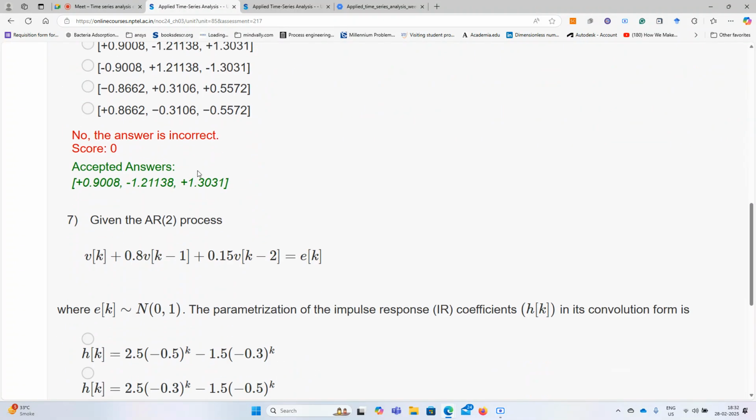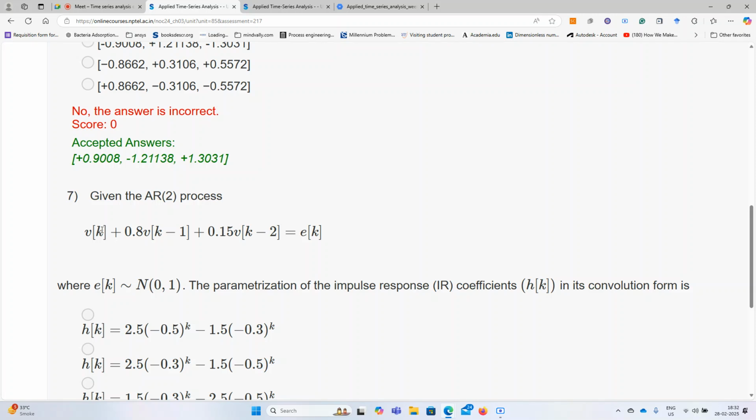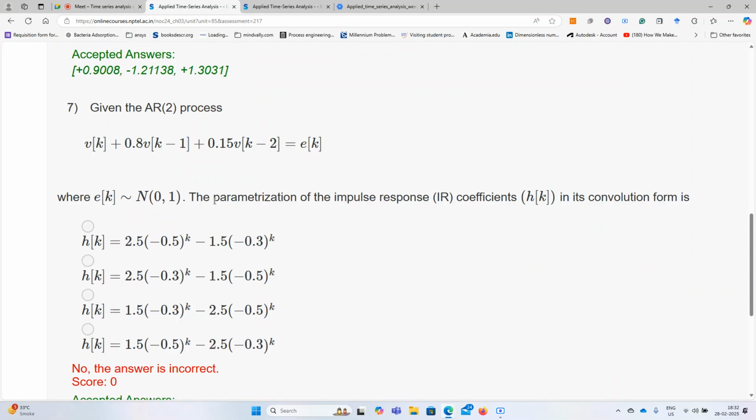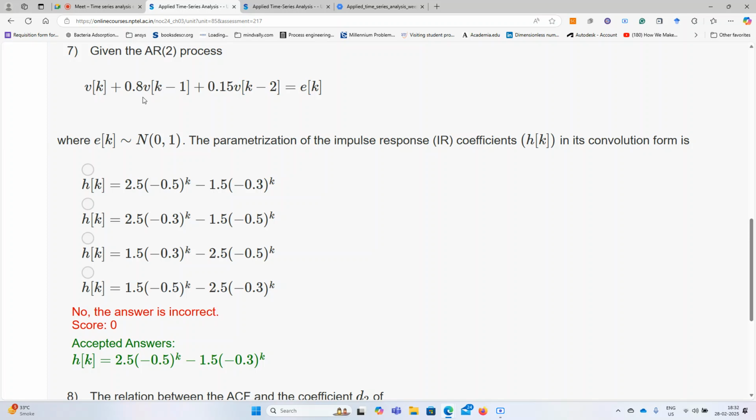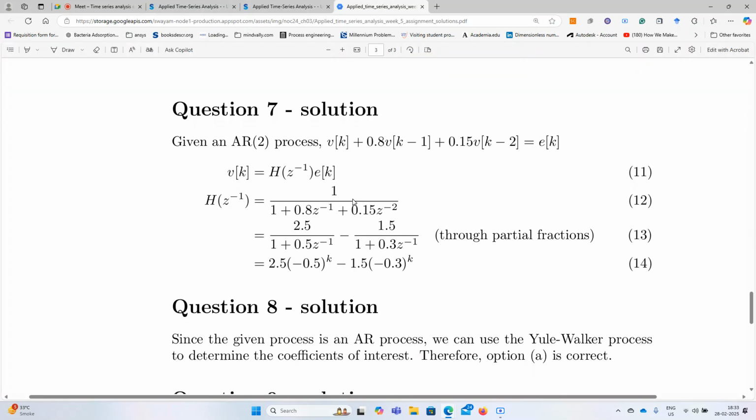A is the answer. Given an AR process, VK equals to EK. Now these are past and this is a white noise shock where EK is a normal distribution with mean 0 and 1 as standard deviation. The parameterization of the impulse response coefficient HK in its convolution form is, let's see, yes.